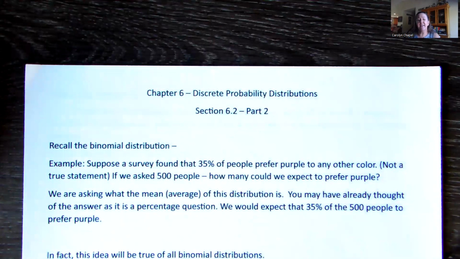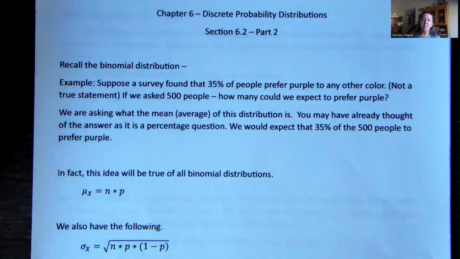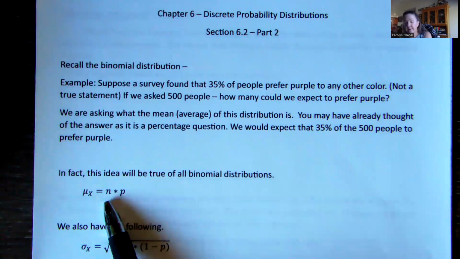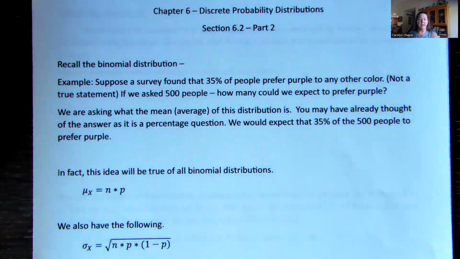So let's say you could think, well, that's just going to be 35% of our 500. And that's exactly what this is. It is true. So we can find our mean of a binomial by taking our n and multiplying it by our p. I could do the math for you to show you that it does work, that this formula does pop out.